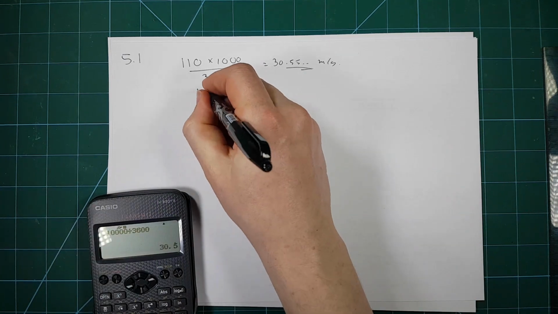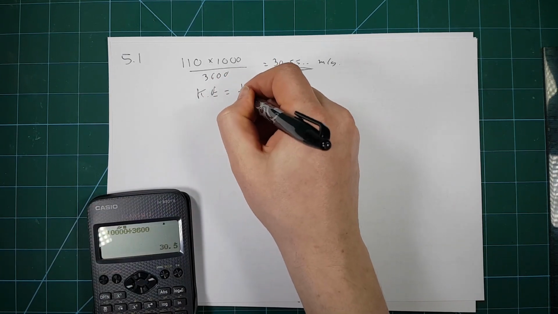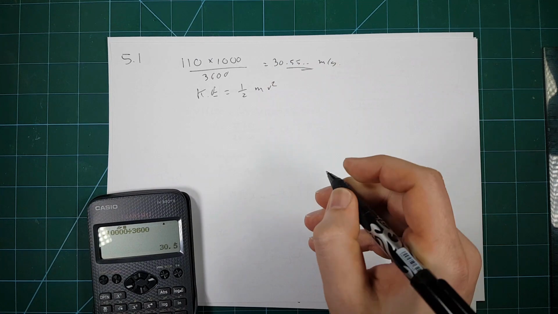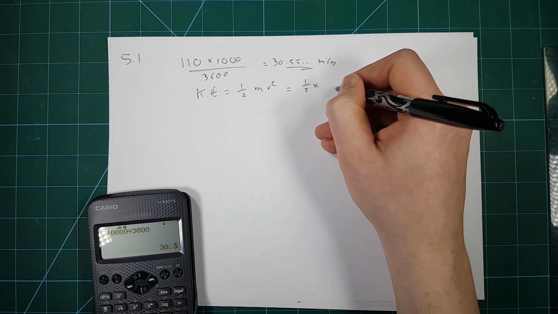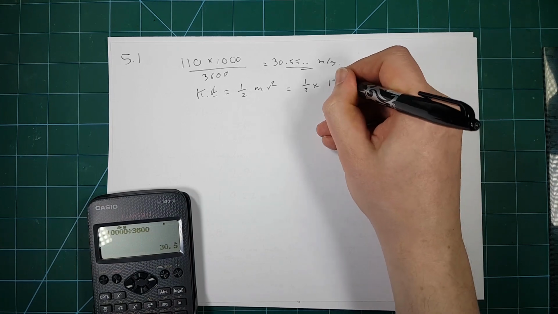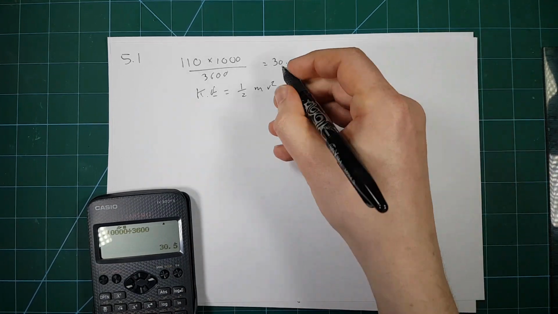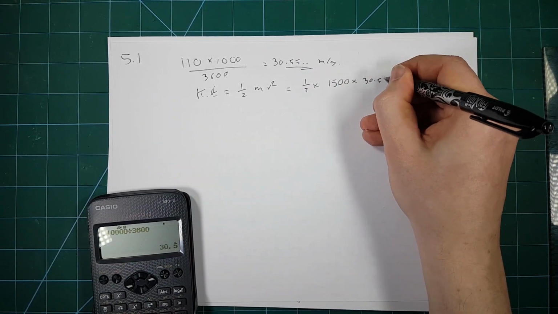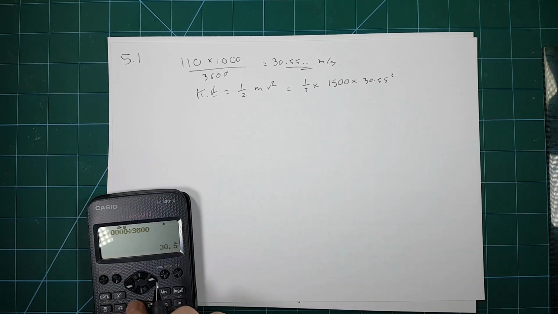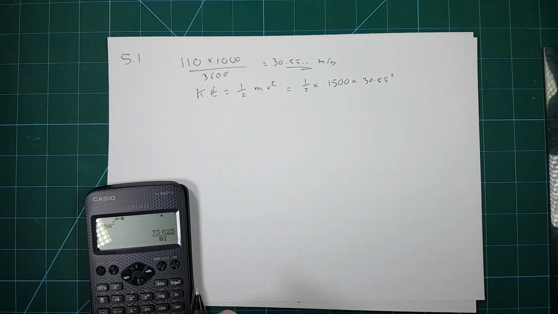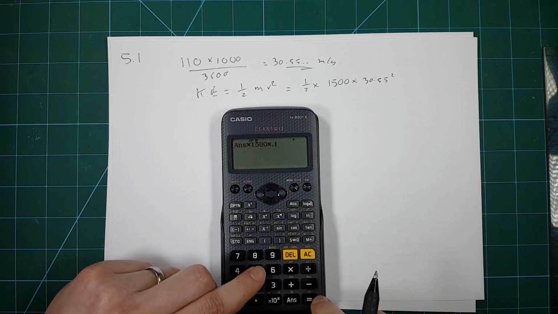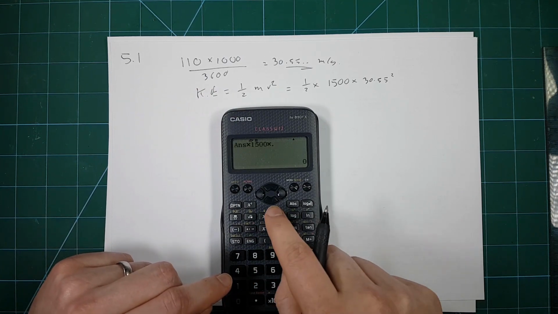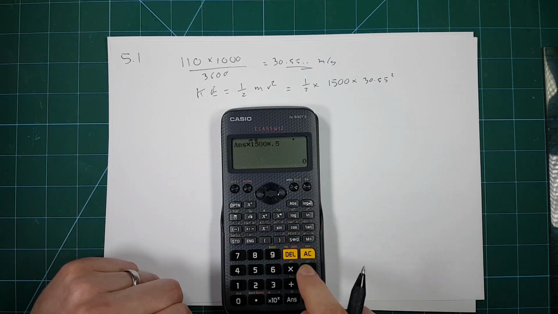Then we need to work out its kinetic energy. That's equal to a half mv squared, equal to a half times the mass, which is 1,500, times v squared, so 30.55 squared. So we square that, and then we times that by 1,500 times by 0.5. Oops, 0.5.